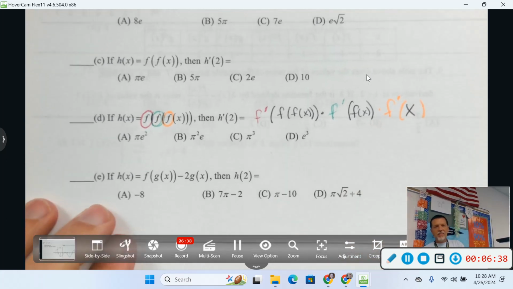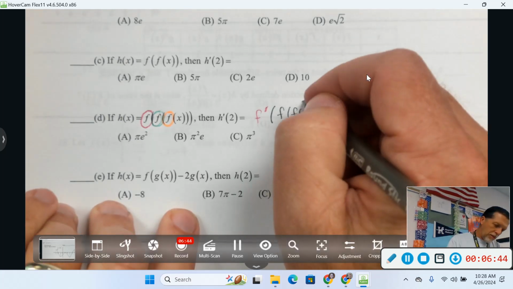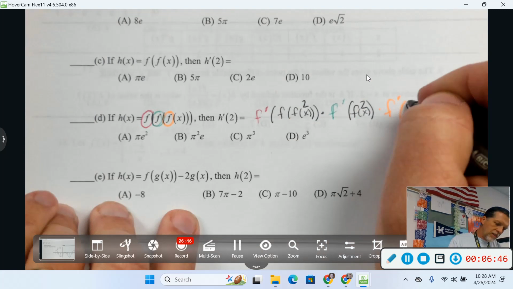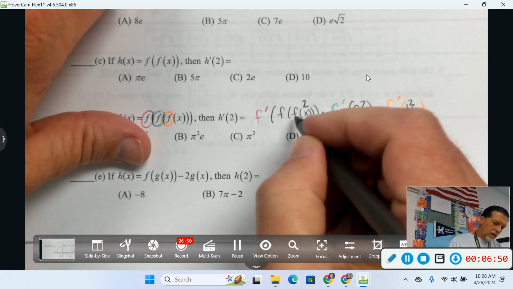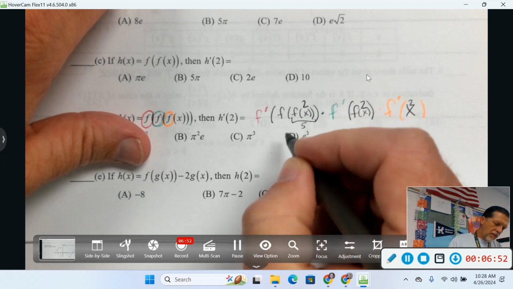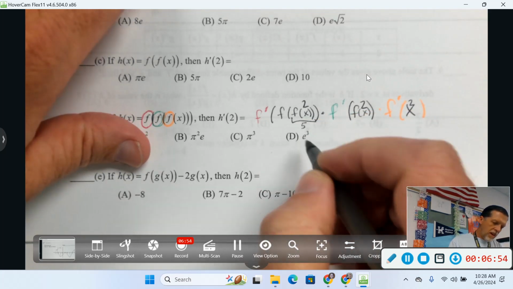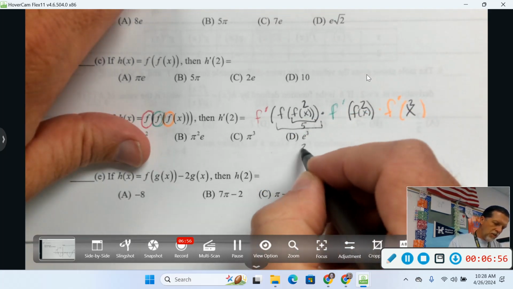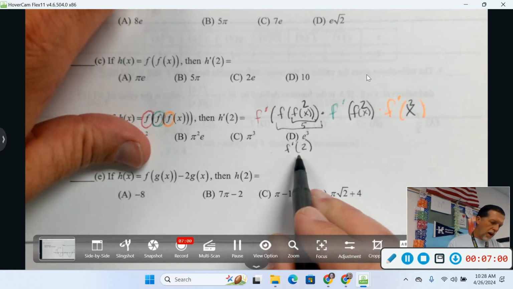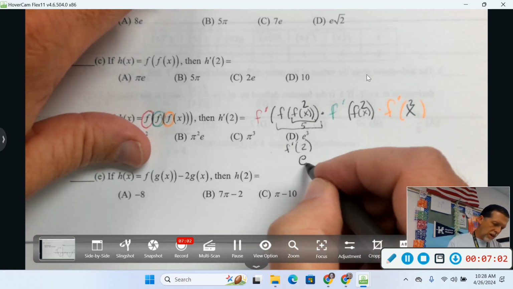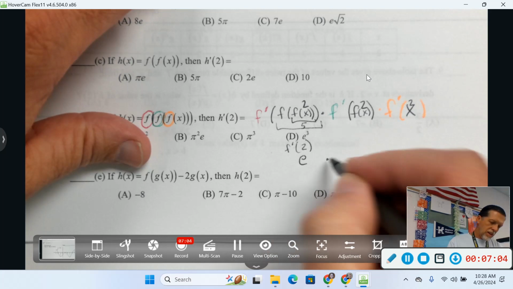So now this is just a record keeping thing. Look carefully. I'm going to plug in 2 to all of these places. f of 2 is 5. f of 5 is 2. And f prime at 2 is e. Goodness.